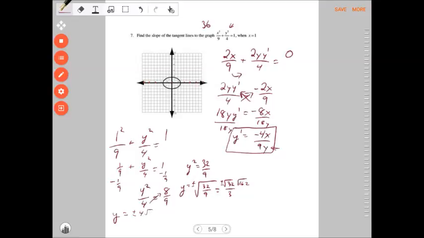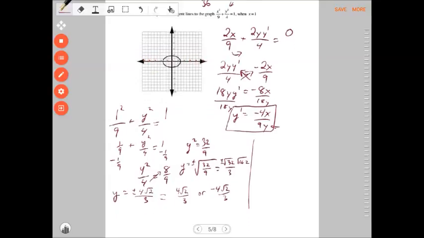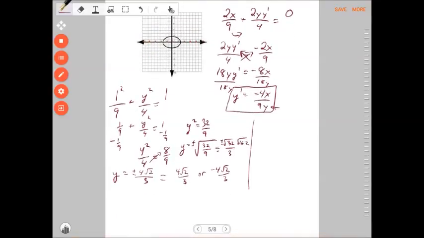So 4 root 2 over 3. That's the y value there. Of course, we need the slopes. Those are the y values. So technically, the y value would be 4 root 2 over 3, or negative 4 root 2 over 3, because there's the positive and the negative version.